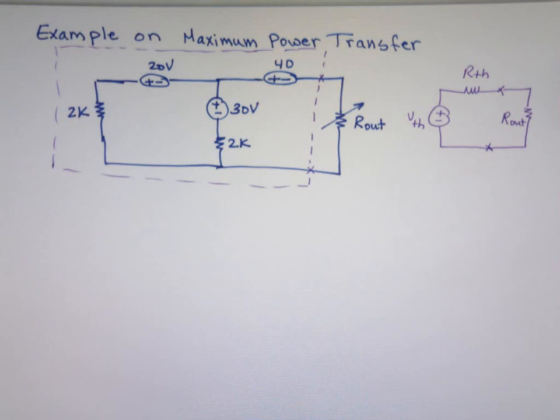So let's find V thevenin first. V thevenin is V open circuit.